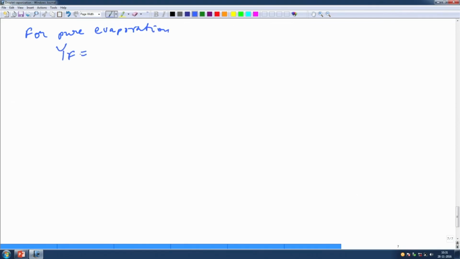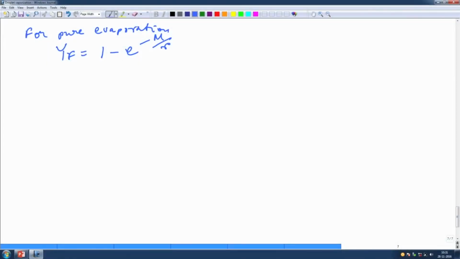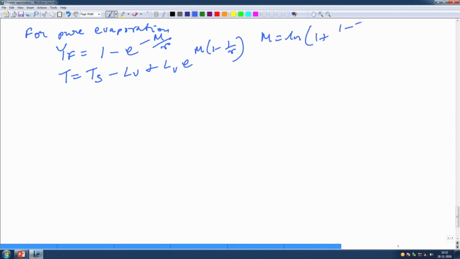Now, for pure evaporation, if you solve for Yf, it is basically 1 minus m by r, and T is equal to Ts minus Lv plus Lv, sorry, m is equal to ln of 1 plus (1 minus Ts) by Lv.